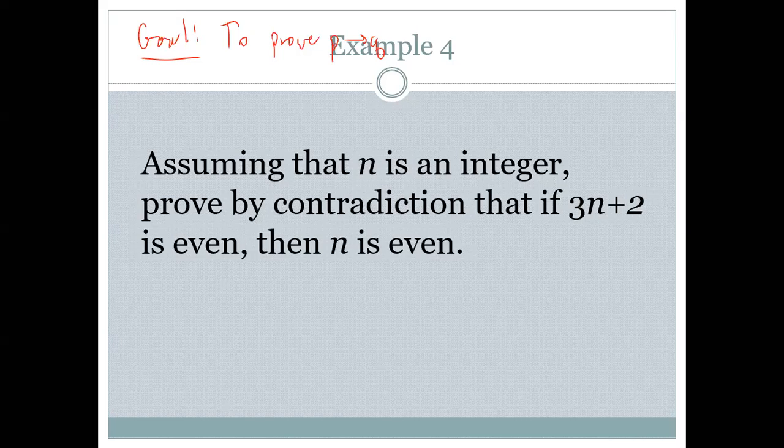In the end, when you're doing contradiction, you show that P and not Q implies, I don't know, some capital Q, all right? So this is the first step. You show that P and not Q implies Q. You show that this statement is true, yes?